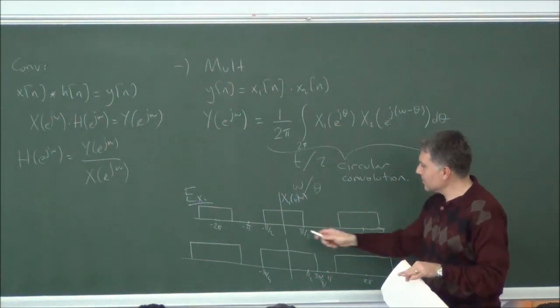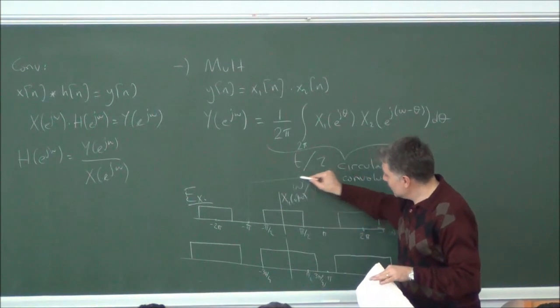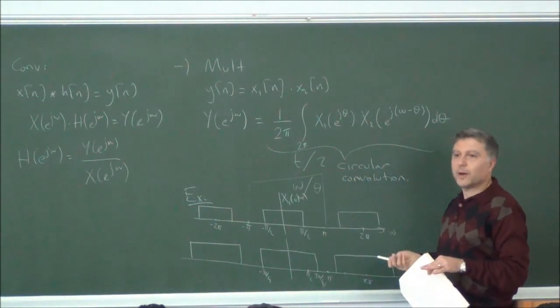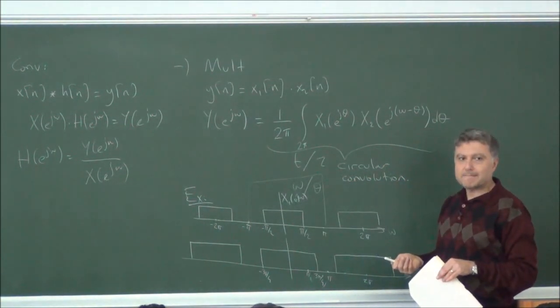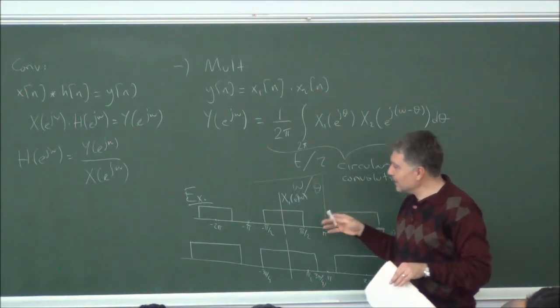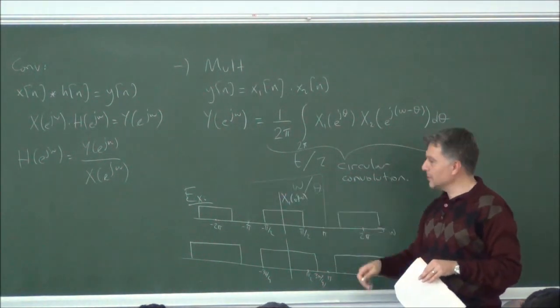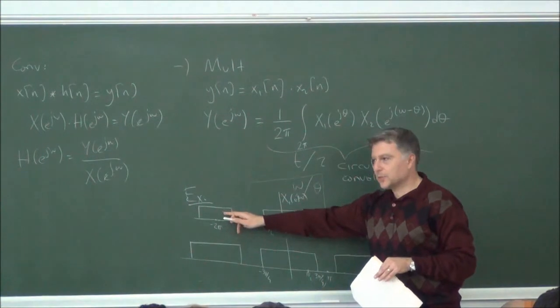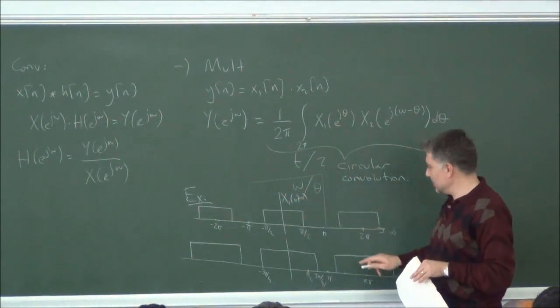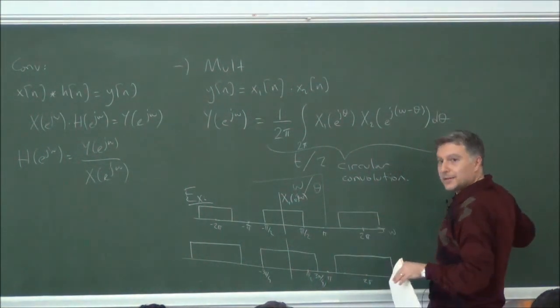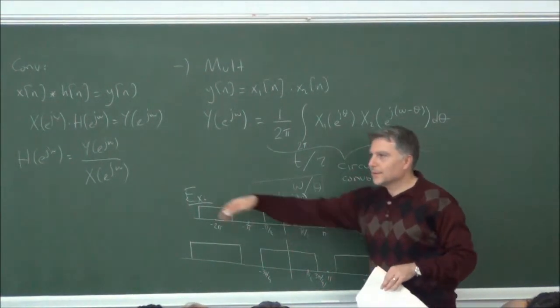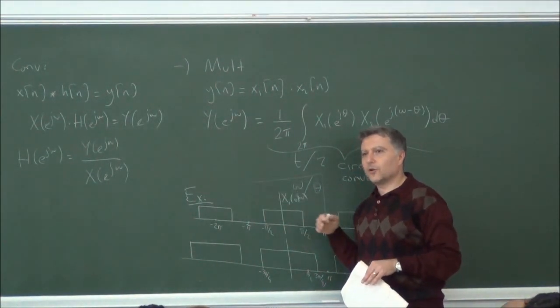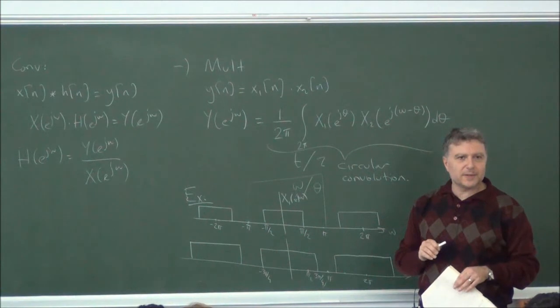The integration must be taken within this limit only, from minus pi to pi, for example. Because if you take the integral from minus infinity to infinity, this will overlap with this one, this will overlap with this one, everything will overlap, and when you integrate all those overlapping regions, you will get an infinity.